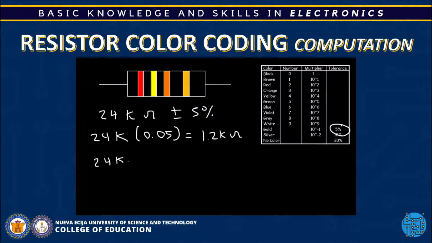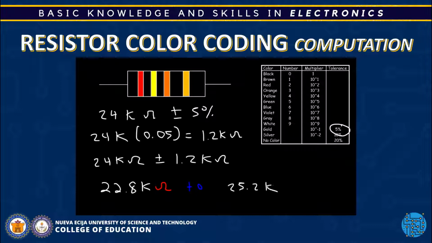So the actual resistance can vary between 1.2 kilo ohms from 24 kilo ohms. So it could be 24 minus 1.2. So it can be 22.8 kilo ohms on the low side, or it can be 24 plus 1.2, which will be 25.2 kilo ohms.